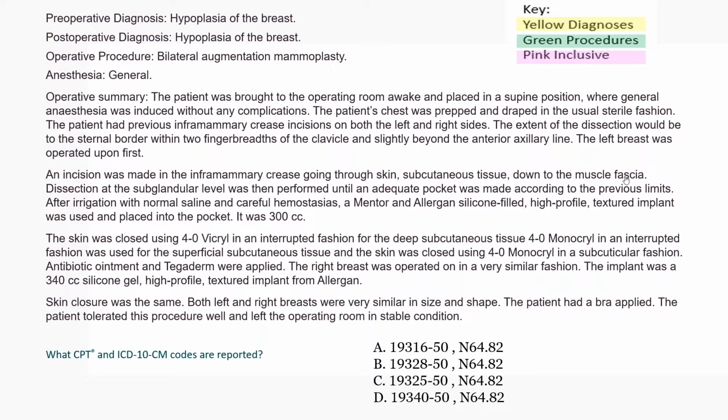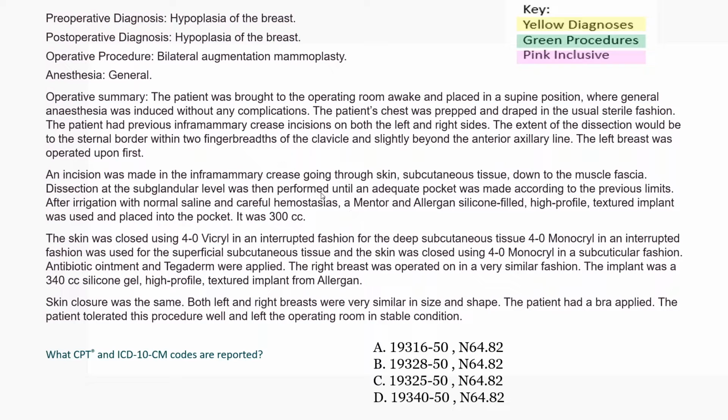The left breast was operated upon first. An incision was made in the inframammary crease going through skin, subcutaneous tissue down to the muscle fascia. Dissection at the subglandular level was then performed until an adequate pocket was made according to the previous limits. After irrigation with normal saline and careful hemostasis, a Mentor and Allergan silicone filled, high profile textured implant was used and placed into the pocket.